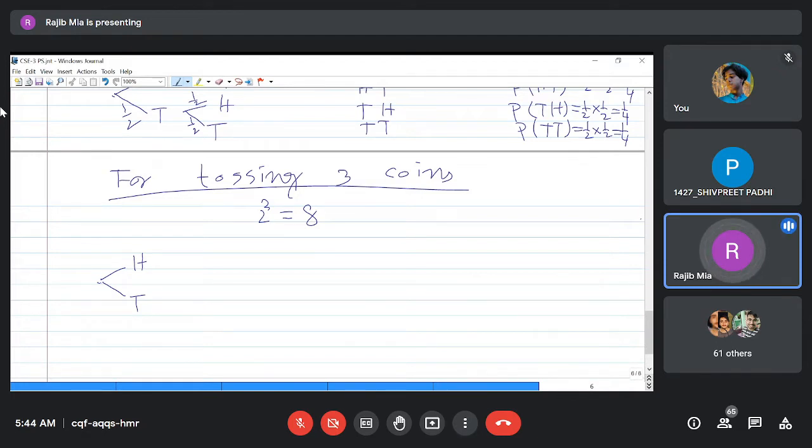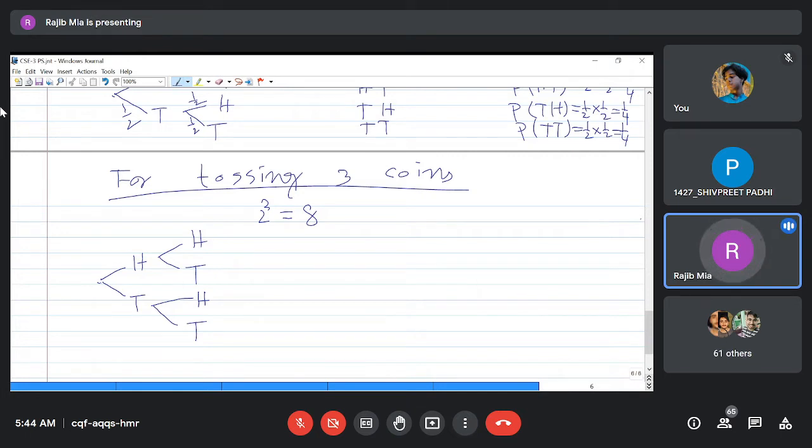In the second toss again the possibility is head or tail. Suppose we got head in the first toss, then in the second toss the possibility is head or tail. Suppose in the first toss we got tail, in the second toss again the possibility is head or tail. So this is up to the second toss.